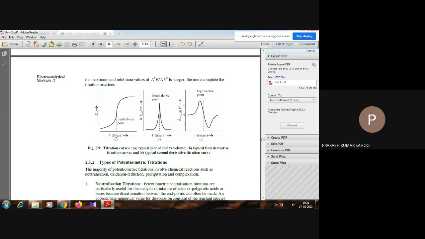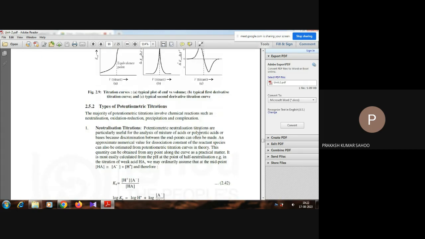That means after addition of the titrant, the potential change will be steeper. So this will be the equivalence point or end point. And if I take the first derivative of these readings, then we will have this type of plot. And if I take the second derivative, then this type of plot will be there, and this will be the equivalence or end point of this reaction.